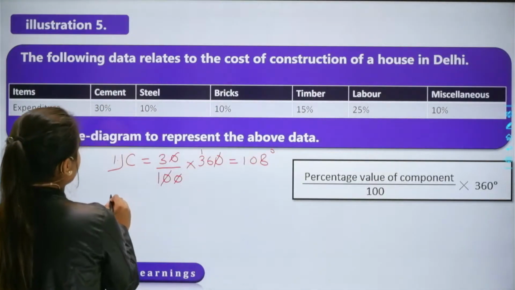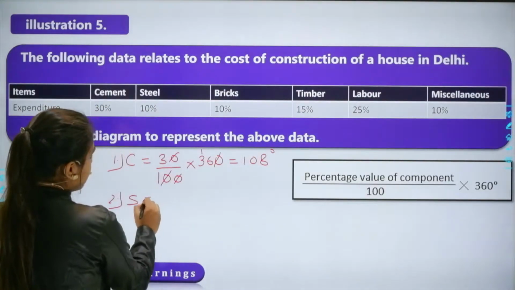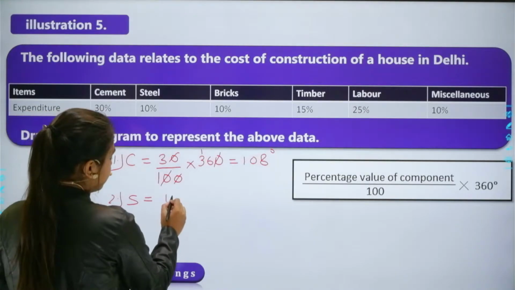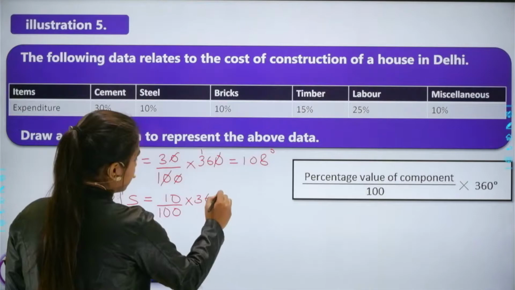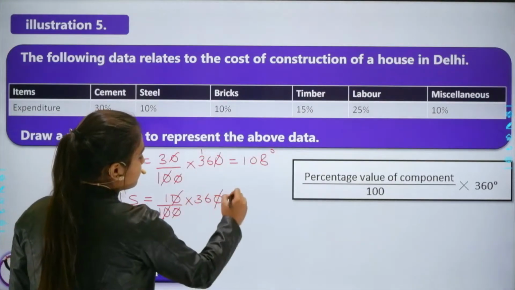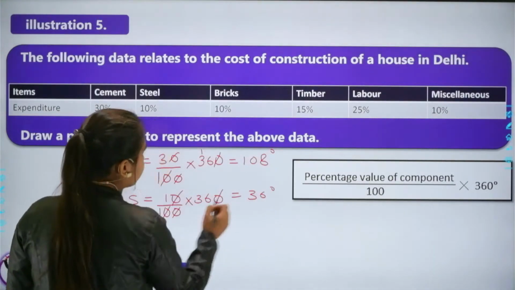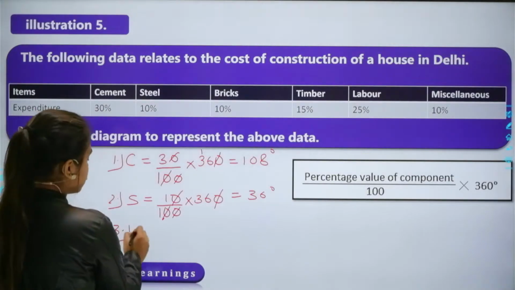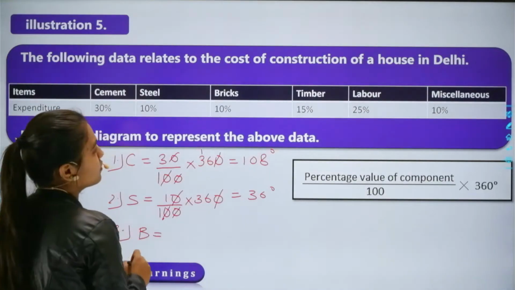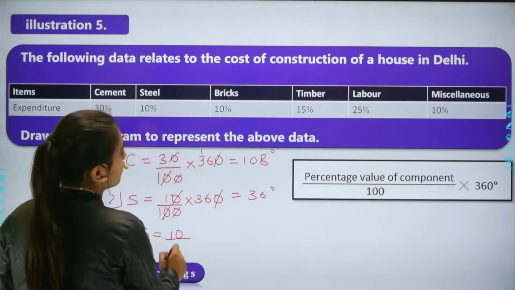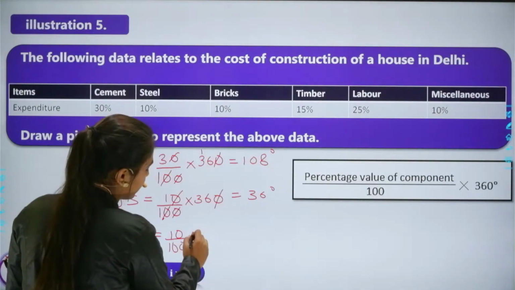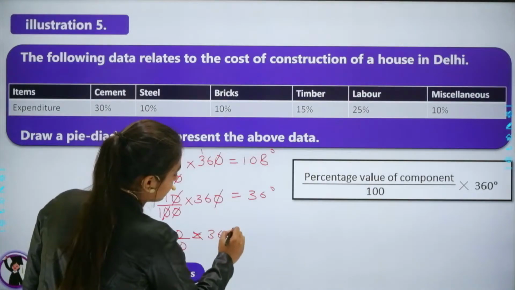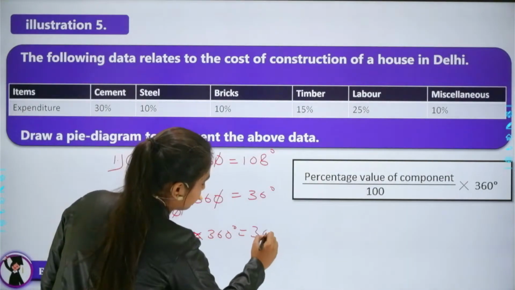Next we have steel. For steel we have 10 upon 100 into 360. We cancel this. We get 36 degree. Third is bricks, the same 10%, so we are going to get 36 degree only.